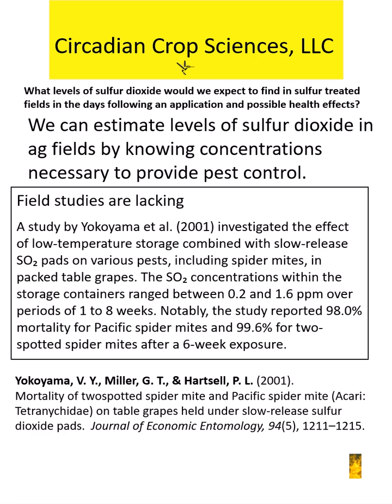The sulfur dioxide concentrations within the storage container ranged from between 0.2 and 1.6 parts per million over periods of 1 to 8 weeks. Notably, the study reported 98% mortality of Pacific spider mites and 99.6% for two-spotted spider mites after a 6-week exposure.